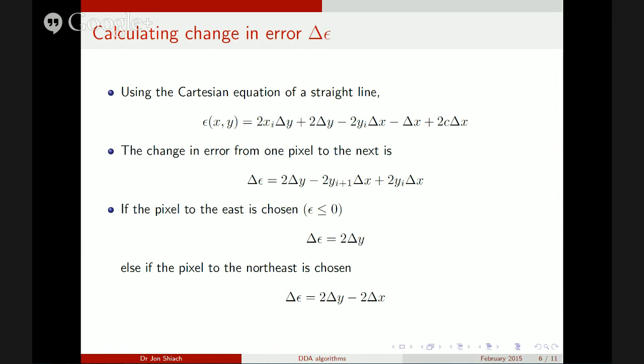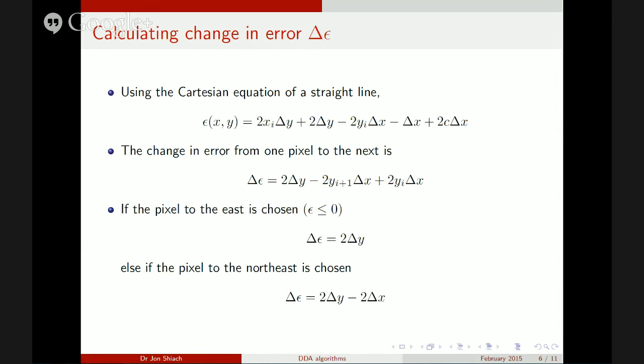Plus 2c delta x minus 2c delta x cancels out. Then I've got minus 2 yi plus 1 delta x plus 2 yi delta x. Okay, so I can't cancel those two out because this and this aren't the same. But the minus x plus x cancels out.